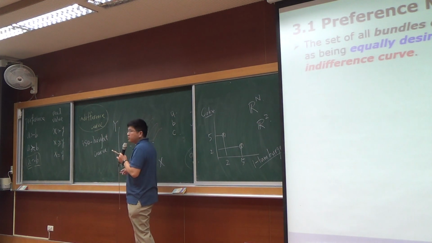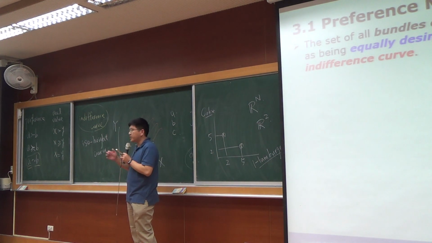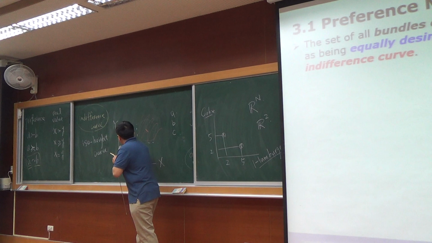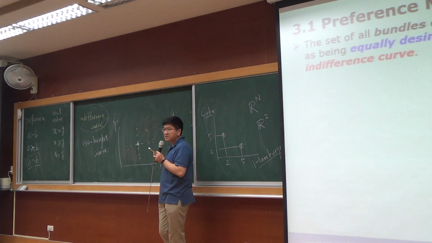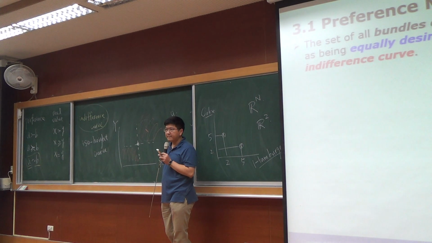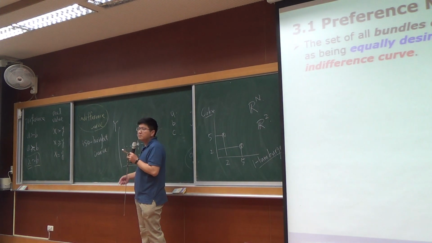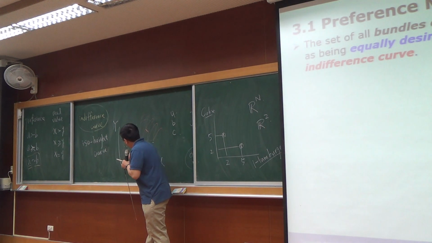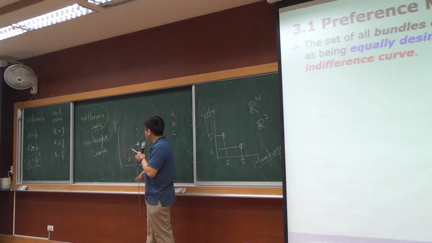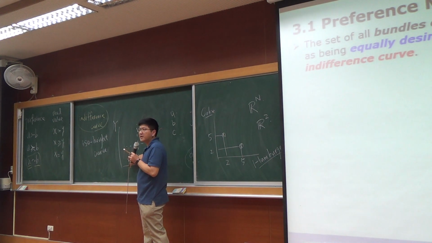And for the same reason, or the opposite inference, there cannot be any in this region. Because of the property more is better, any point here, like a star here, must be strictly preferred to this one, right?